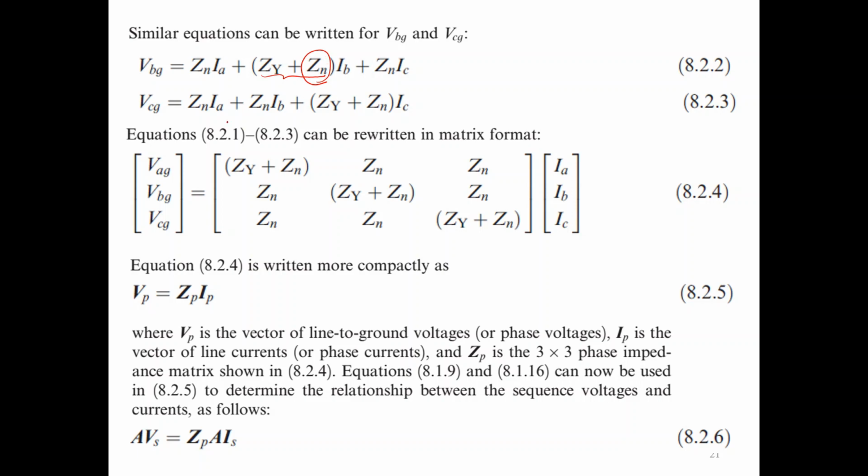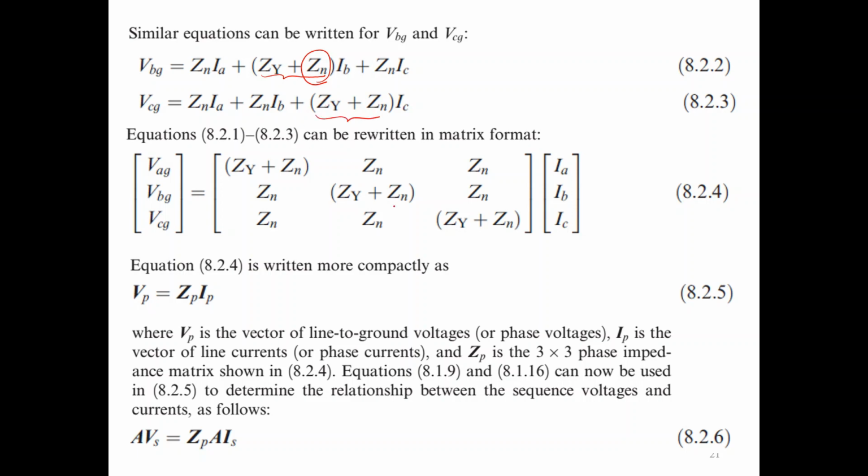Now if you consider phase C, VCG is equal to Zn IA plus Zn IB, due to the neutral current flowing through the neutral impedance, and Zn times IC plus ZY.